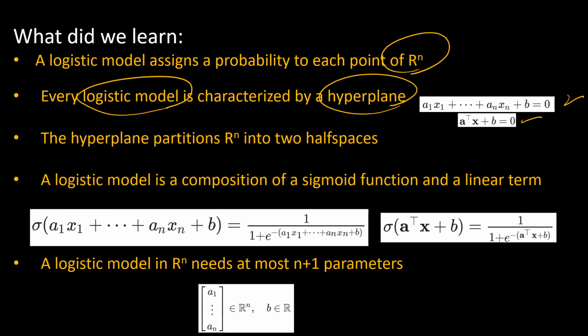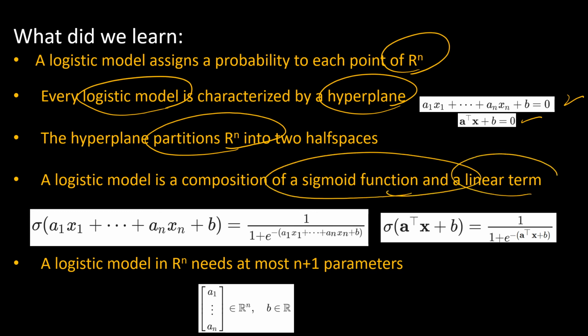And we realized that the hyperplane partitions Rn into two half spaces, and we also learned that a logistic model is a composition function of a sigmoid function and a linear term. That linear term goes to the exponent of e in a logistic model. Also, we learned that a logistic model in Rn needs at most n+1 parameters. And that finishes the video.